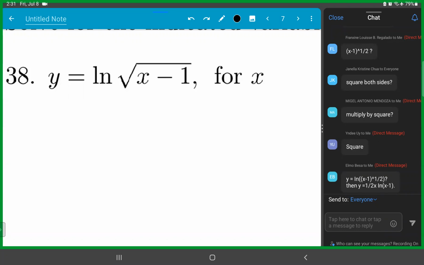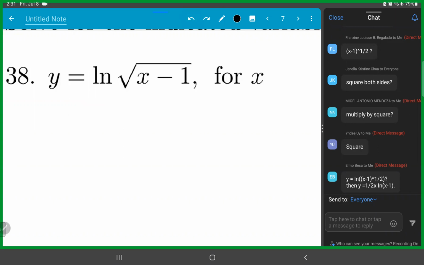Yung outermost, ln. So, babaligtarin ko si ln, i-undo ko si ln. I-reverse ko siya, o i-inverse.